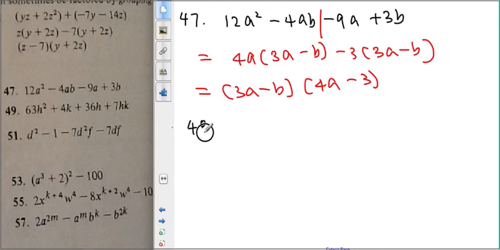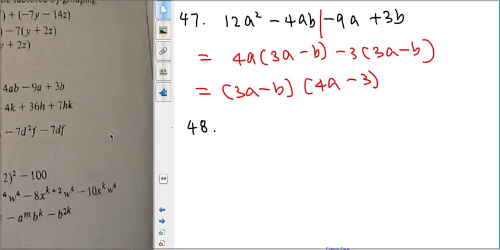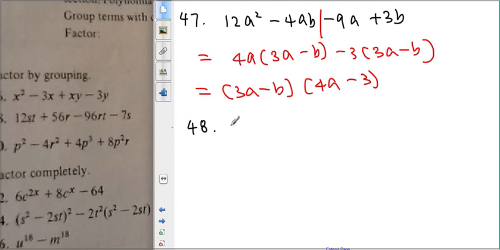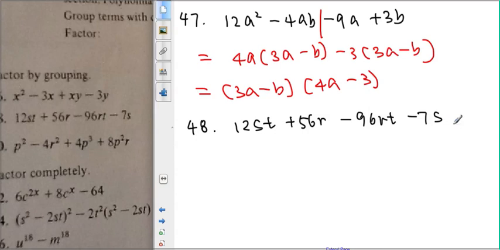Let's look at number 48 together. Here, 12st plus 56r minus 96rt minus 7s. Now, once again, just like before, let's separate them.